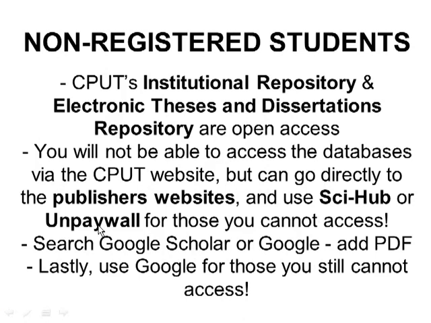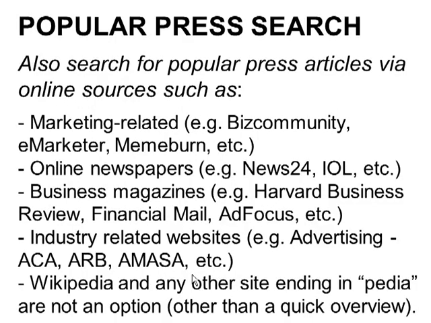You can play with Unpaywall as well. I don't use it much, but the librarian showed me that. And then if you still can't get it, you can try Google Scholar with the PDF, and lastly you can just try Google itself, searching for it. So you should be able to, as an unregistered student, get the same articles as a registered student will be able to get by using those means.